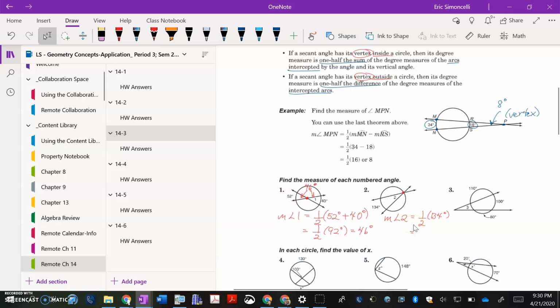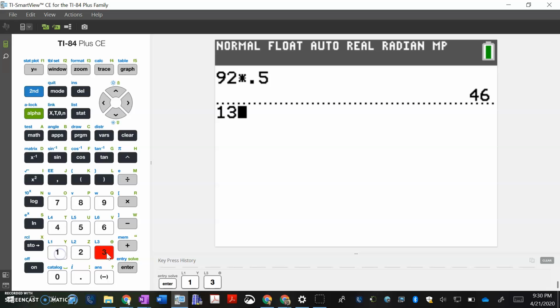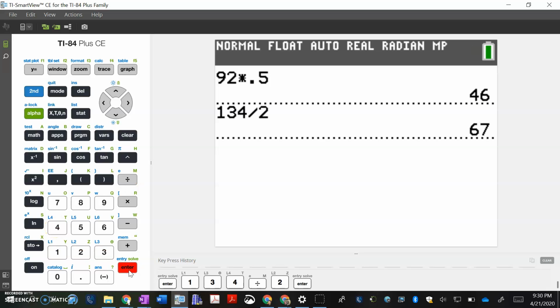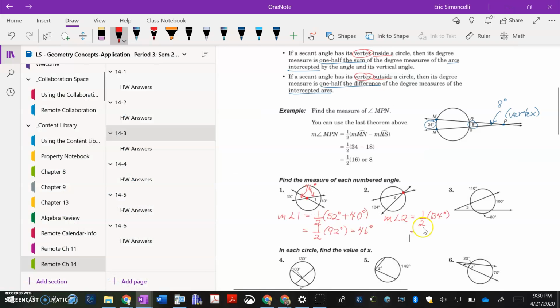Simply the angle should be half of that value, so we just divide 134 by 2 or multiply it by 0.5, same deal, 67 degrees. So a little bit of a neat twist on not inside nor outside of the circle, but on the circle. We're actually not subtracting nor adding, of course. Nothing, just a single arc to interpret and utilize.